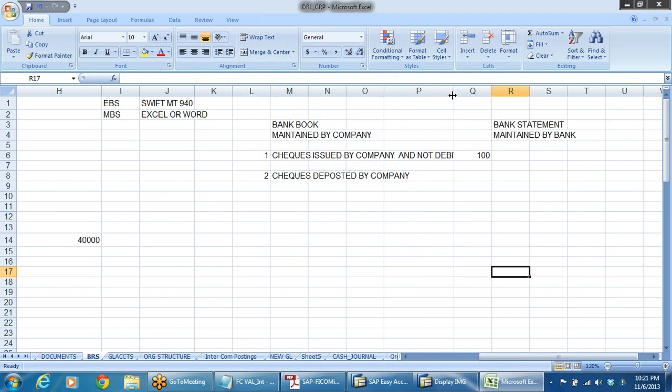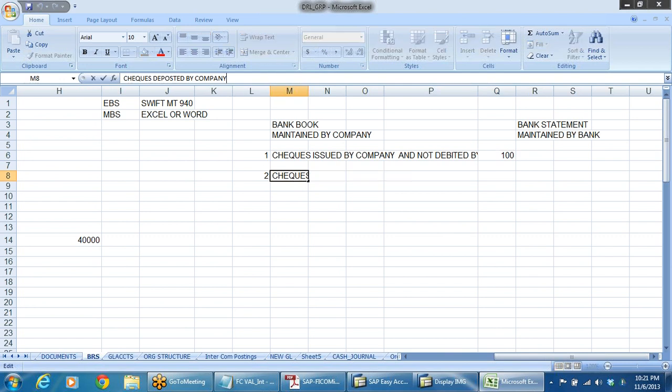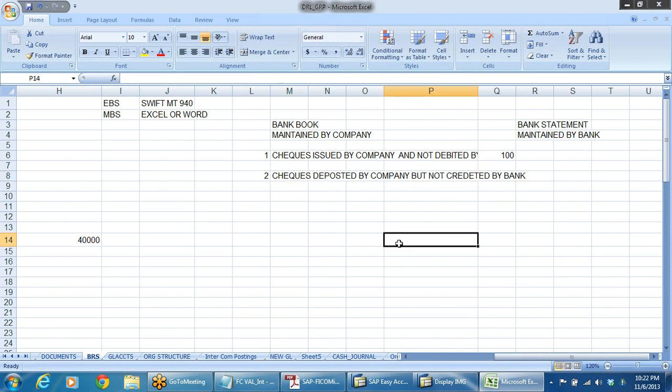Not debited by the bank. Okay, 100 rupees. Here, checks deposited by company but not credited by the bank. Same case.